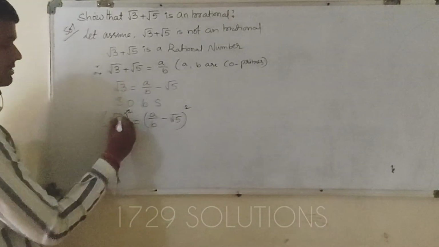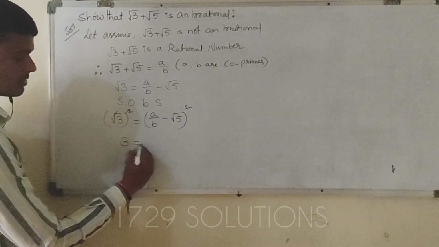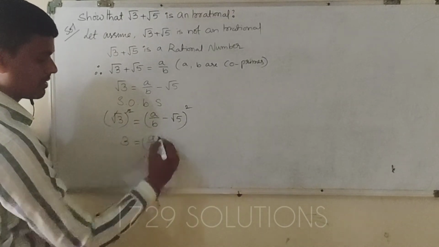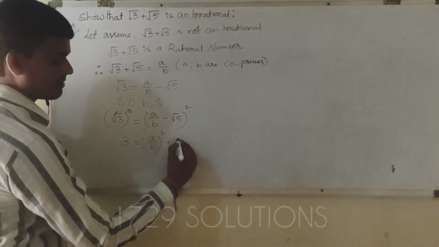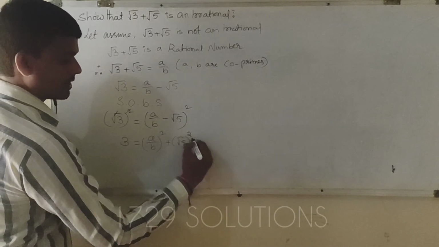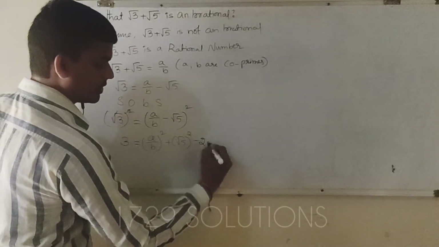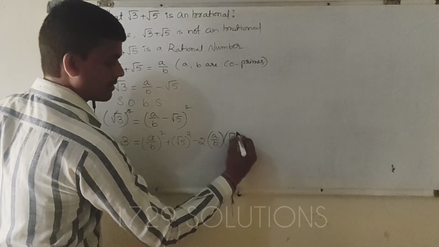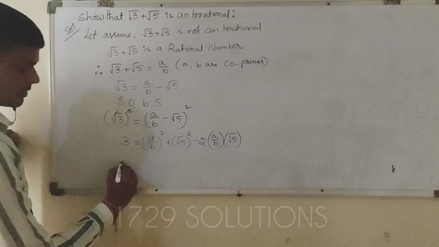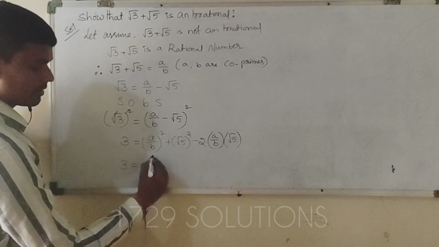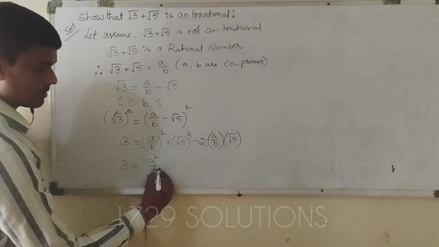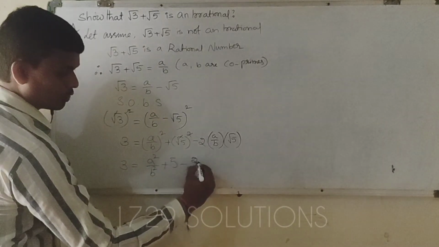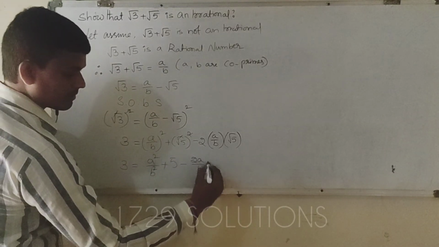Root 3 squared gets cancelled, giving 3. 3 is equal to (a minus b) whole square: a square plus b square minus 2ab, that is 2 into a by b into root 5. So now 3 is equal to a square by b square, the square root gets cancelled, plus 5, minus 2a by b root 5.